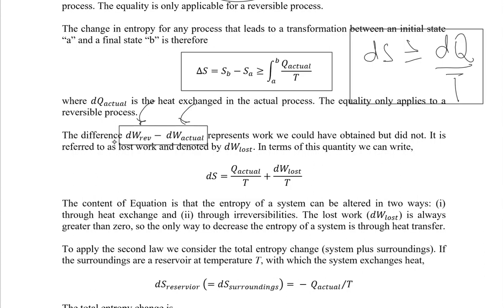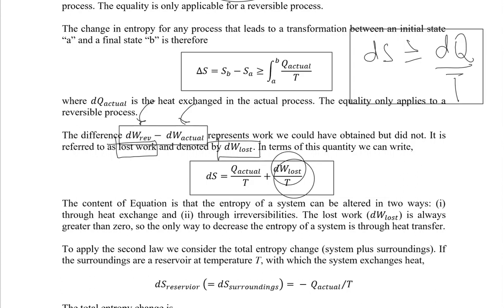It is referred to as the lost work, and it is denoted by this. So the total entropy change in the system and surroundings, ds, would be equal to dq by T plus the portion which is actually lost during the process. This is what we call lost work.